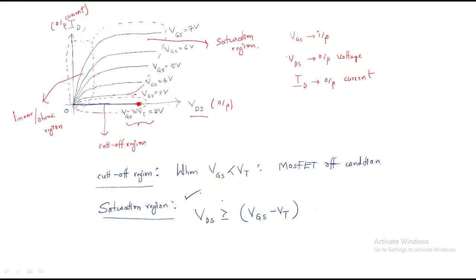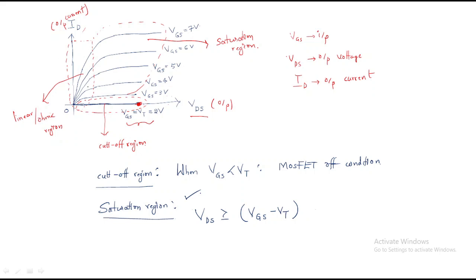Okay, so if you observe, these characteristics are similar to the BJT characteristics. The bipolar junction transistor also has similar regions, but we call them the active region and the saturation region.